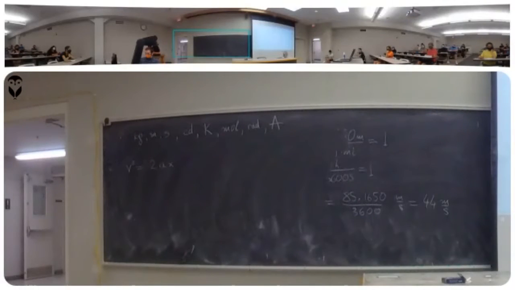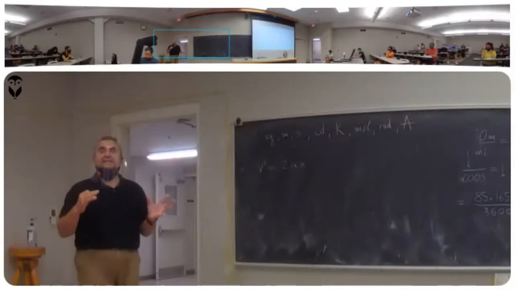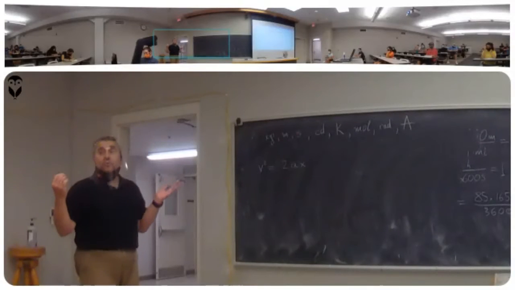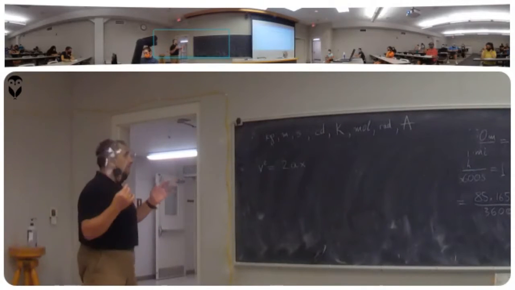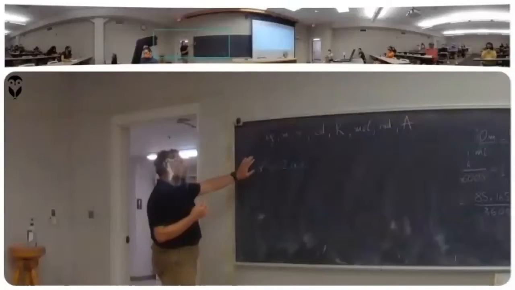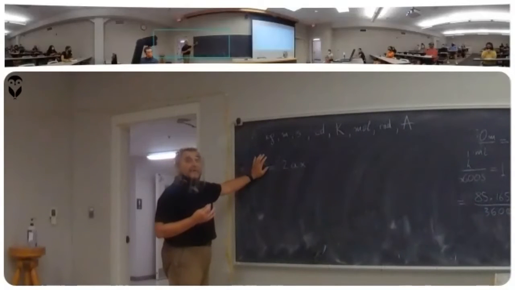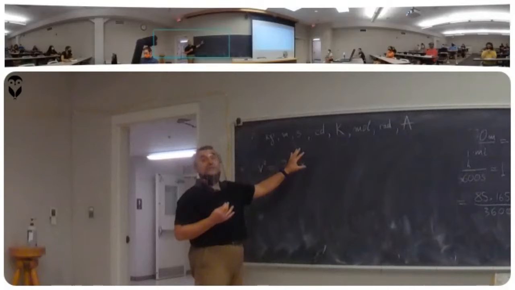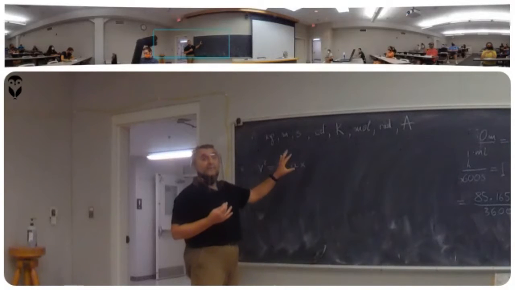The question is, can we make a simple reasoning and see if this result is wrong? What I mean is the units on the left-hand side of this expression have to be the same as the units on the right-hand side.